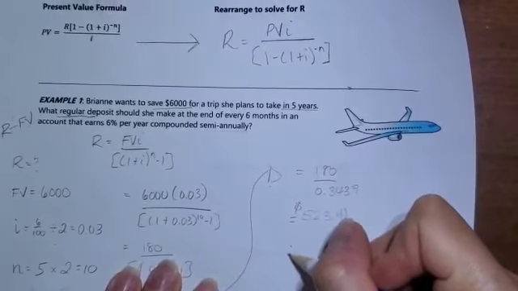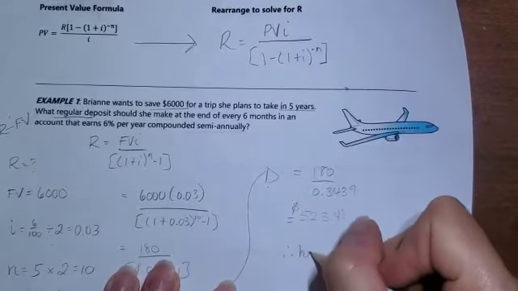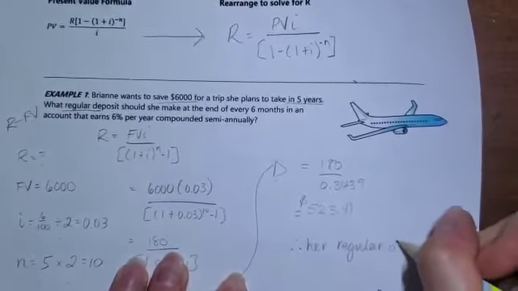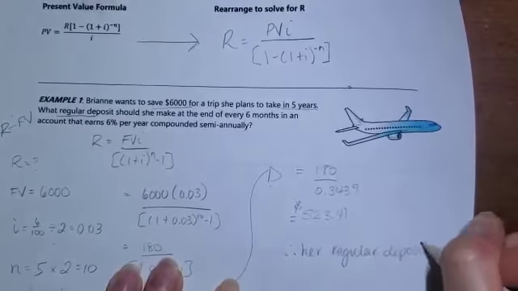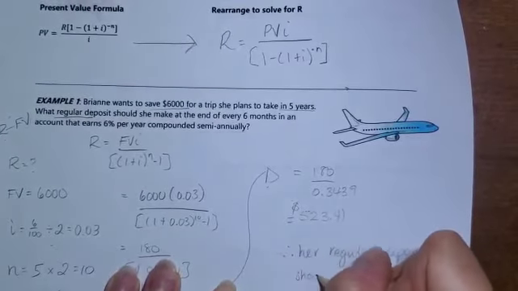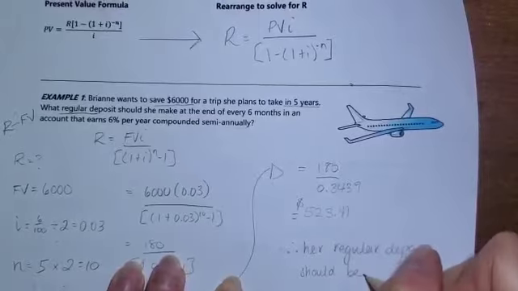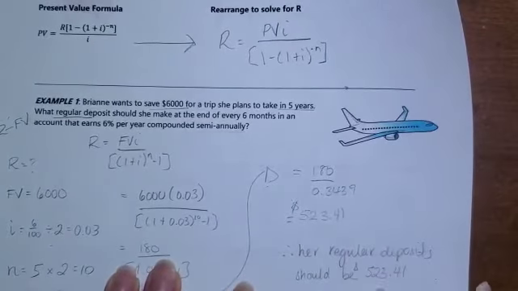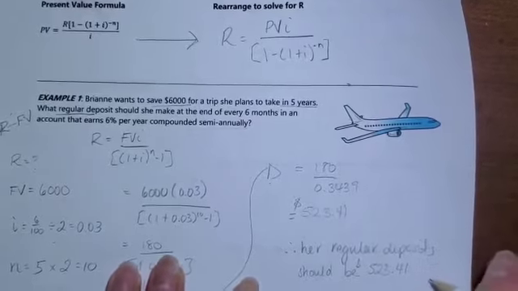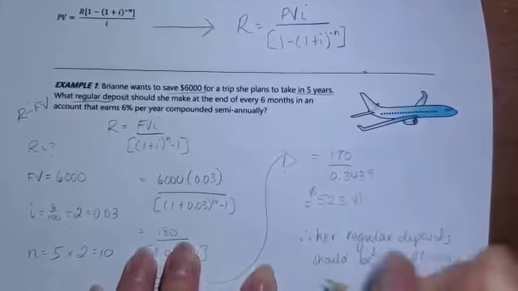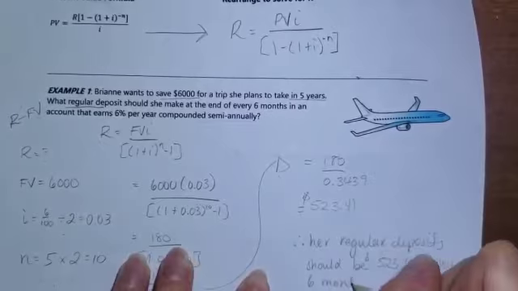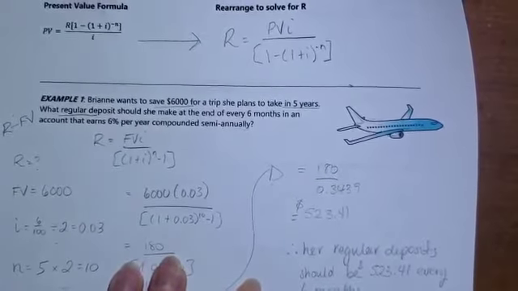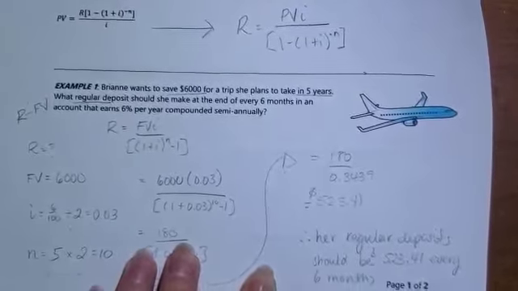Therefore, include a therefore statement. So her regular payment deposit should be $523.41 every 6 months.